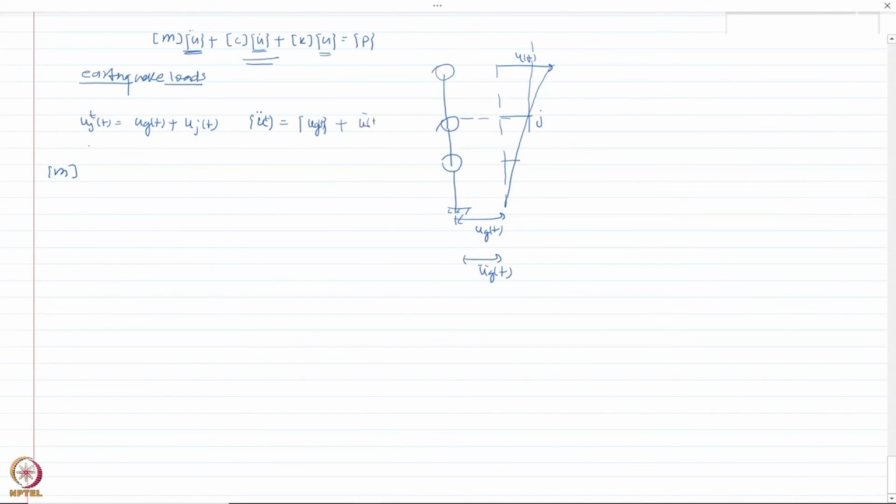So this would be the relative displacement vector. Because I have the same quantity UG, I can write this as a unit vector. It's not a unit matrix, so just keep in mind this is a unit vector times UG double dot T, plus U of T.